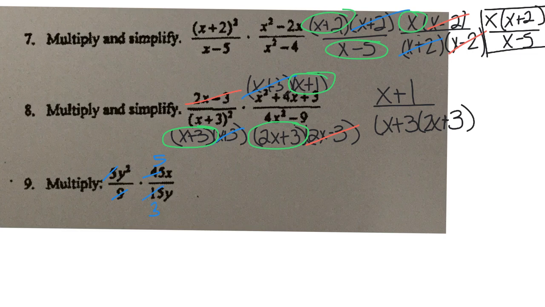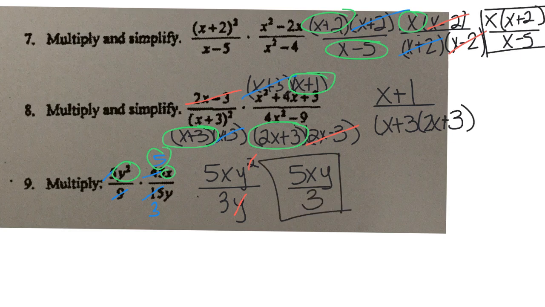So in my numerator, I have 5xy squared. I'm going to write that down. 5xy squared in my numerator. And in my denominator, I have 3y. So what divides out here is one of these y's cancels one of those y's. And we end up with 5xy over 3. And that's my final answer.